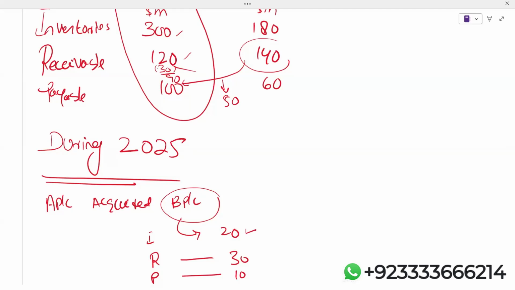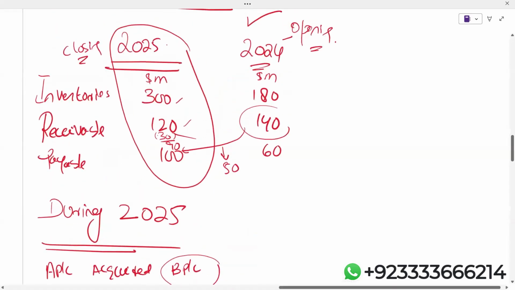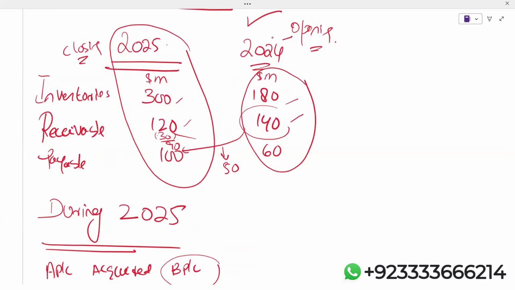Now what do you need to do while preparing a group cash flow statement? The subsidiary which you have sold during the year, first exclude its impact from the opening balances of inventory, receivable and payable and then take the difference between opening and closing balances.